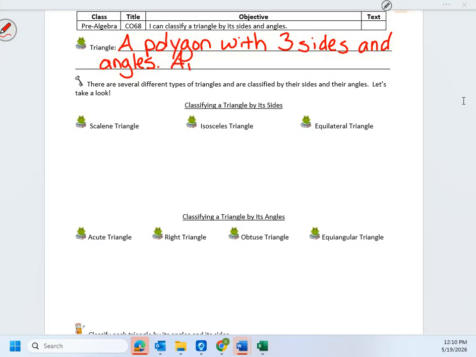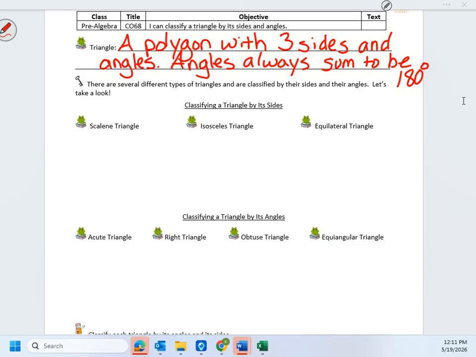The angles always sum to be, anyone fill that in? Elliot, 180 degrees. So your 3 angles must equal 180 degrees.